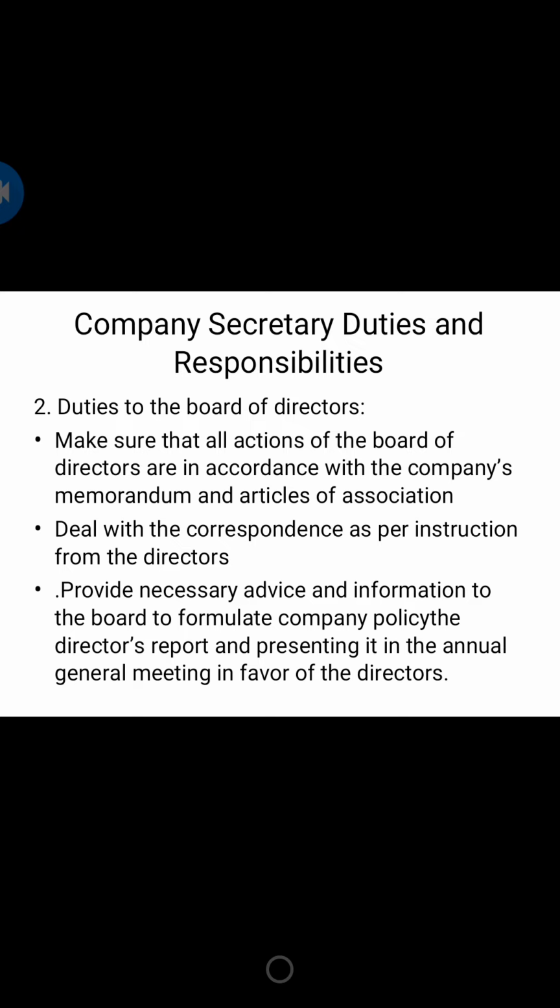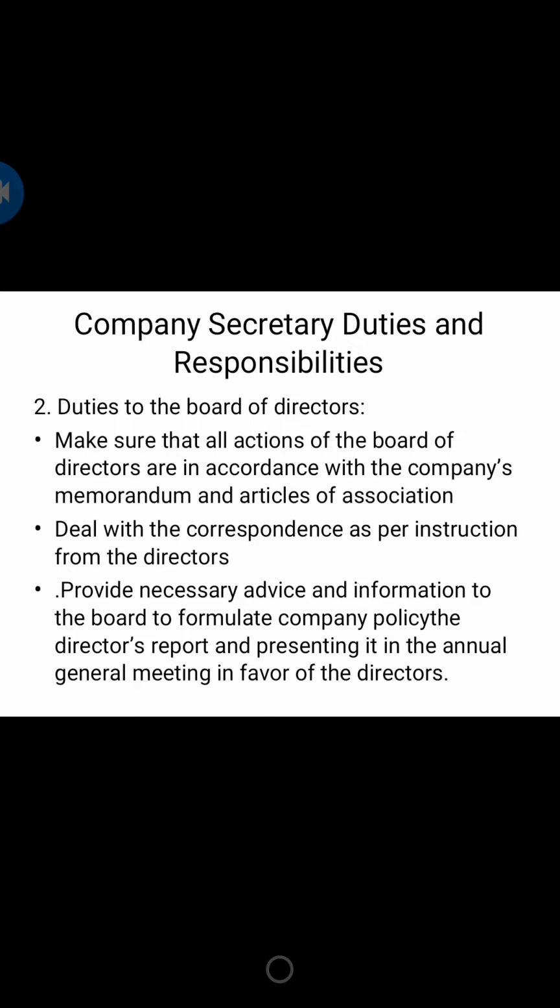The next is to provide necessary advice and information to the board to formulate the company policy, and the directors' report, presenting it in an annual general meeting in favor of directors. So at the time of the annual general meeting, we are going to have a report called the directors' report, and that report should be prepared or drafted by the secretary in favor of directors.